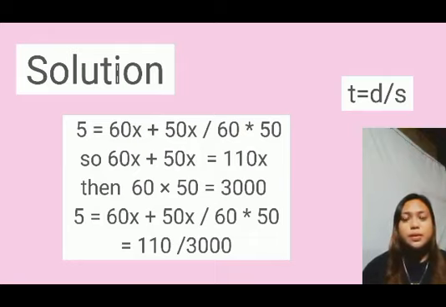So 5 is equal to 60x plus 50x over 60 multiplied by 50, which is equal to 110x over 3000. So we will find a divisible number for 110 and 3000. 110 and 3000 are divisible by 10.